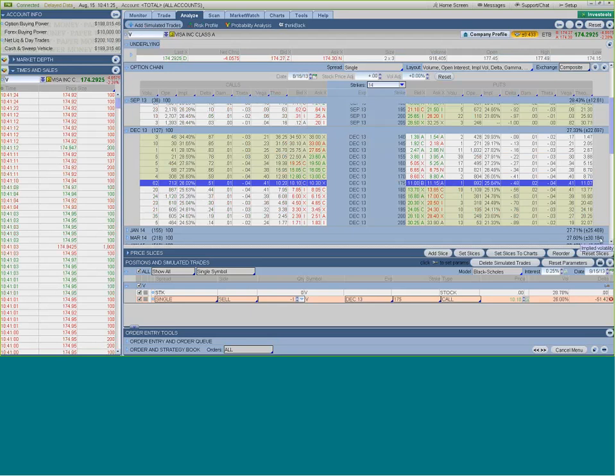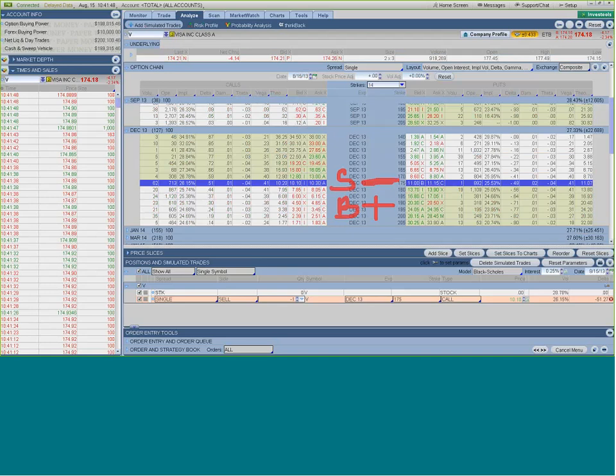This is a simple credit or debit spread, or vertical spread. Vertical spread is the best way to think about it. Why is it vertical? Because we're looking at the 175 calls. We sold the 175 calls, so we're going to buy another call. We want to spend less money higher up, and that will be insurance.